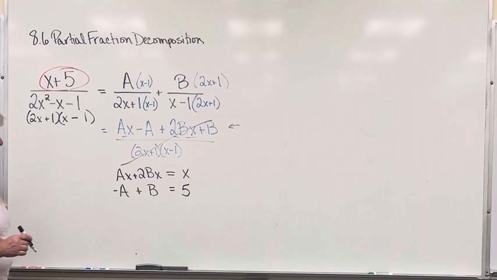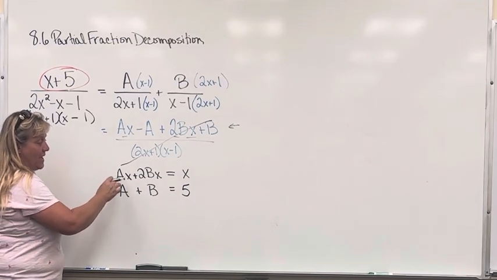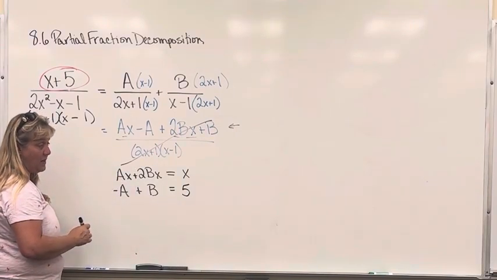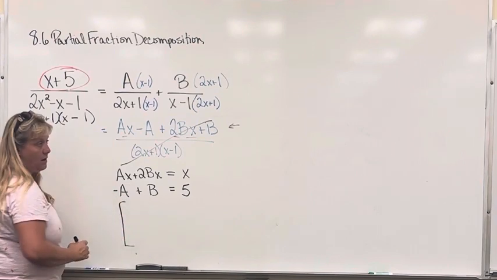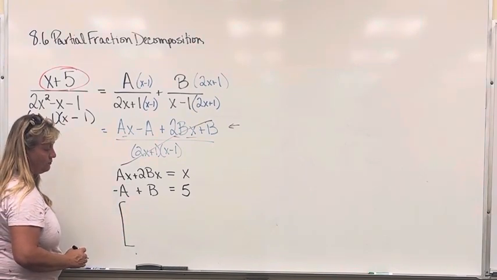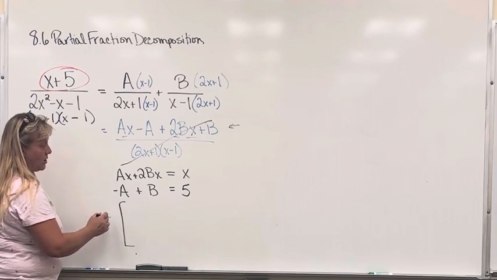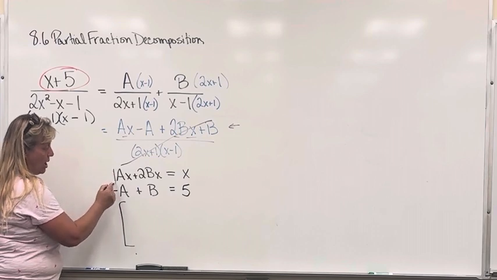Now what we're going to do is we're going to drop the x's and the a's and b's, and we're going to make a matrix. But we can't put A in our matrix, we can only put a letter or a number. So this is like a 1A, isn't it?